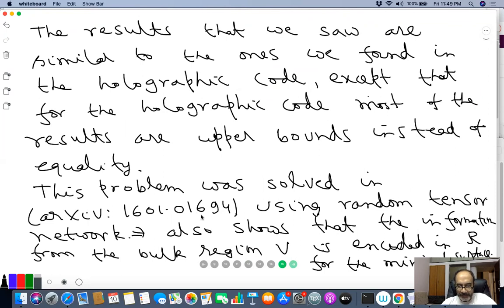I think all of these are quite readable, this paper as well as the Pastawski, Harlow paper. Here you will certainly find many more details. Essentially, these papers can be read with knowledge of quantum mechanics, because it's mainly quantum information theory that you use to do all this analysis.